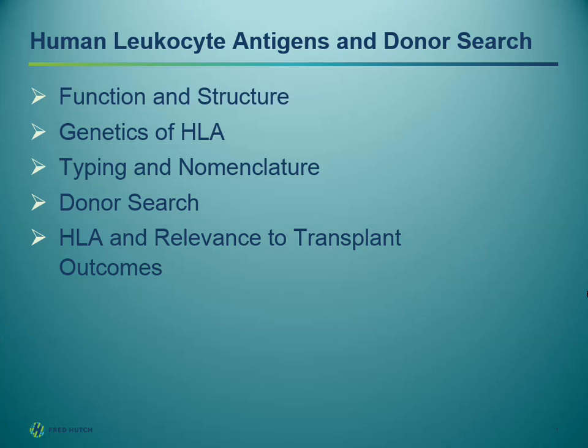Today in my talk, I want to spend a little time going over function and structure of the HLA complex, and spend some time talking about genetics. We'll spend also a bit of time talking about typing, how we type, and the nomenclature of HLA, which has gotten incredibly complex since I started, the alphabet soup we live with today. We'll spend some time talking about how you look at donor searches, both from a family donor perspective and an unrelated perspective.